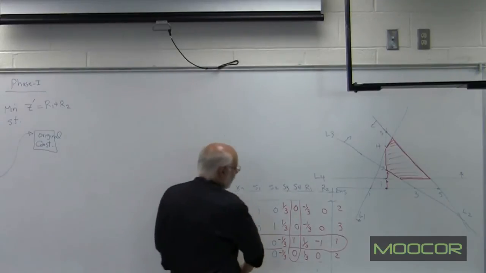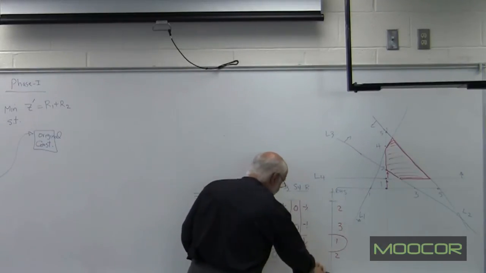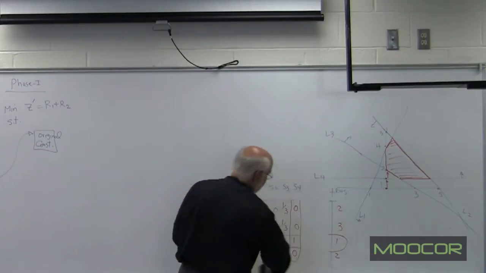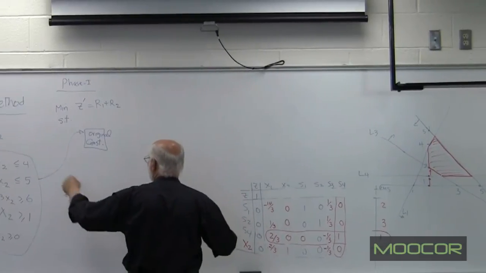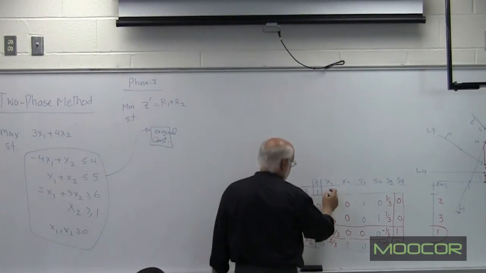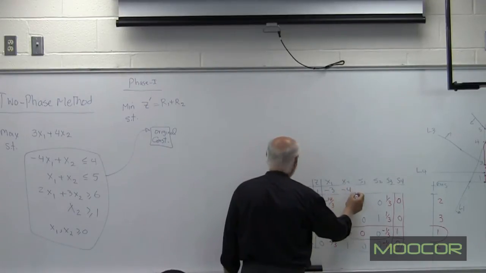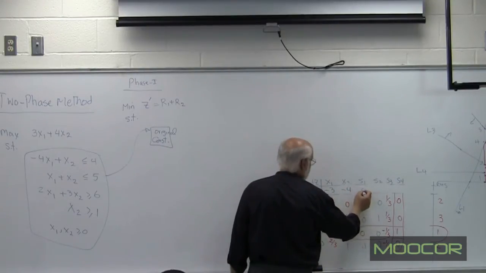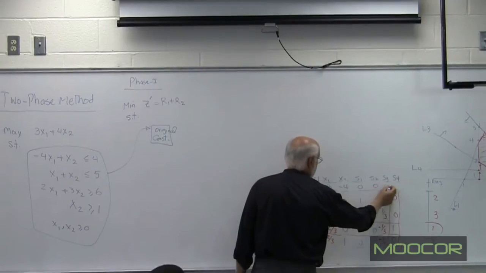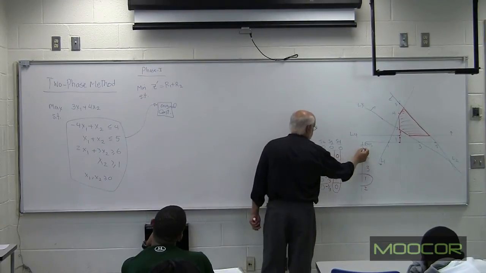So I'm going to erase that and that. The original z prime row is minus 3, minus 4, 0, 0, 0, 0, and 0.